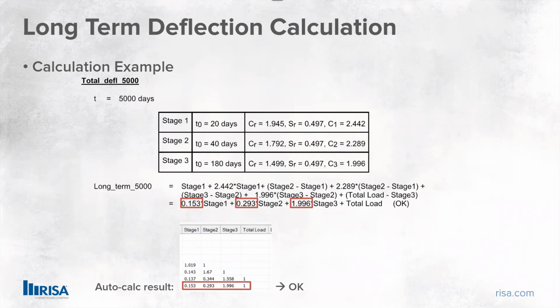We can do a similar thing for stage 2 and stage 3. I would end up with three different C factors.